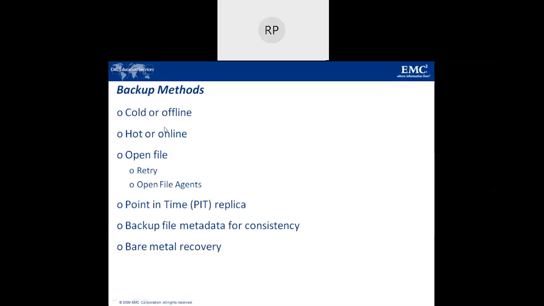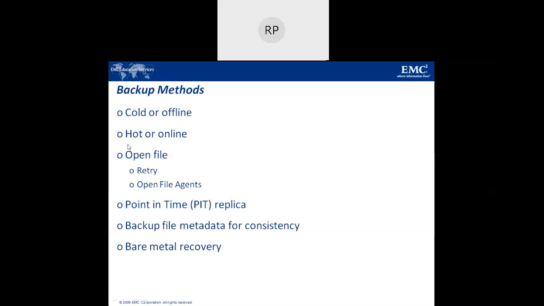Then the second way is called hot or online backup. Now in this method of backup, the system is up and running with the user accessing their data during the backup process. Means during the backup process also the system is running. While the system is running, in the background you are going to take a backup. The system is performing its task, but you are taking the backup of the system's data.